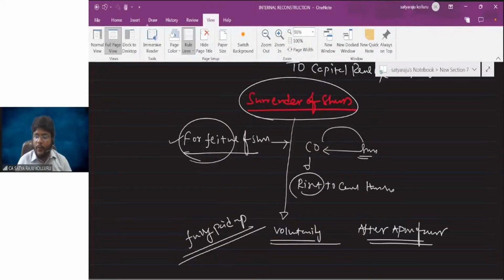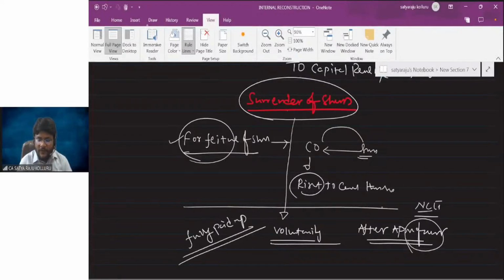Anyway, we already took approval from the NCLT, because we are in the process of internal reconstruction. Then if any shareholders voluntarily surrender their shares, the company can agree. So this is the difference between forfeiture and surrender.